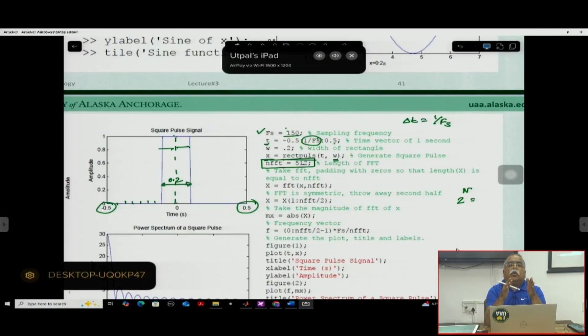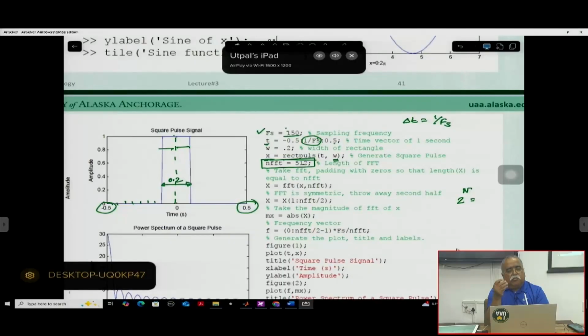So if your data is not 2048, because it is not possible to always have 2048 data points, say suppose you have 1400 data points, it will automatically be transformed to 2048 by adding zeros after that. The computer will do that automatically.